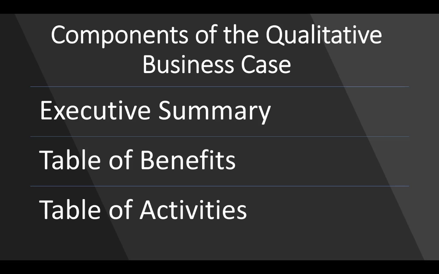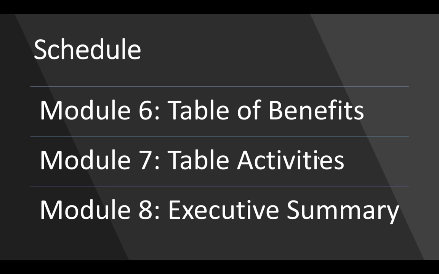I'm not going to have you do it in this exact order, however. As you know, even though the executive summary comes first, you write it last. So the order in which I would like you to do these elements goes something like this. In Module 6, I would like you to complete the table of benefits.